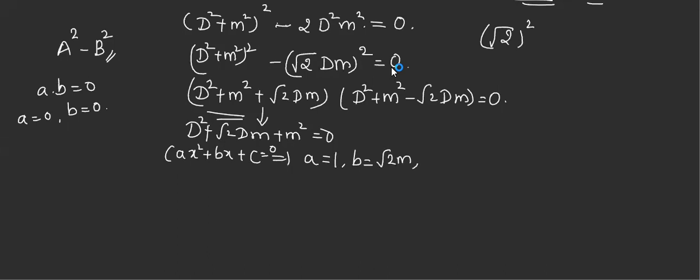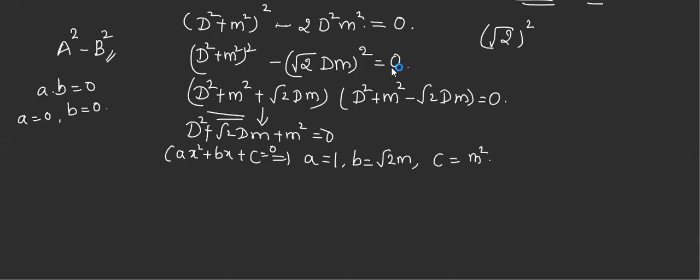See, this is x square, d is like x. So leaving d, you have root 2 m. d is the coefficient of x, so you should write the coefficient of d here. This is quadratic in d. What is c? m square.